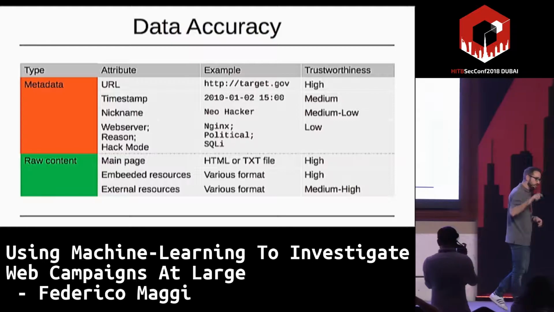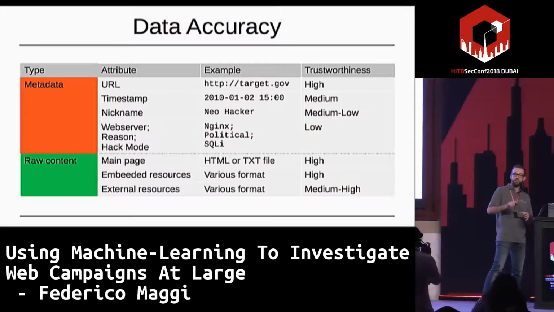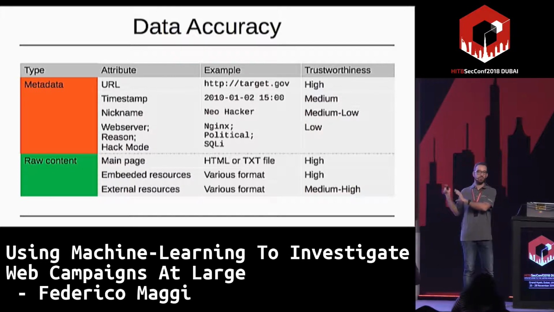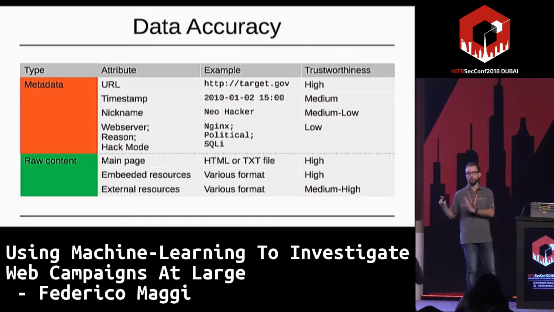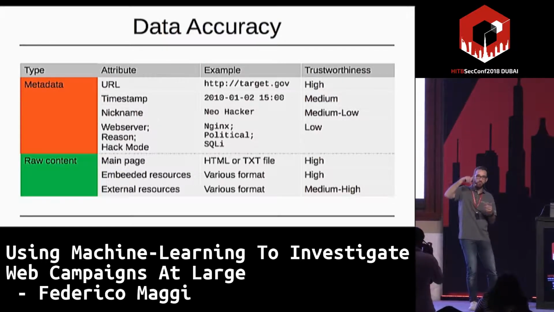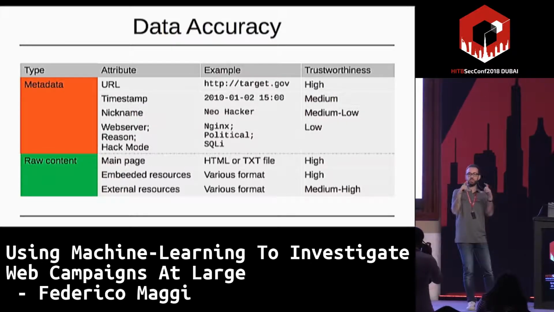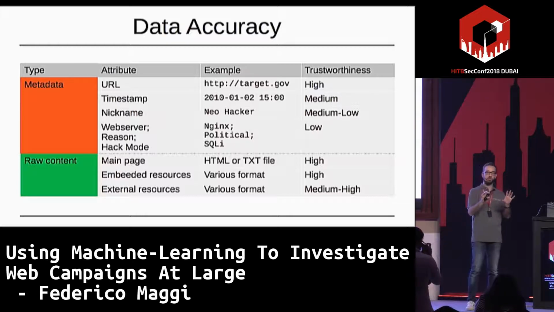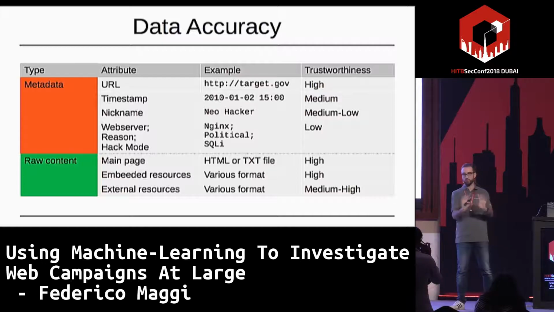So, with respect to previous analysis approaches in this space, we don't really trust the metadata. We look only at the defaced content itself. Okay? And that's why, going back to the first paper that I showed, the screenshot, the deep learning thing, that was very good because it was looking only at the raw screenshot of the page, so super accurate.